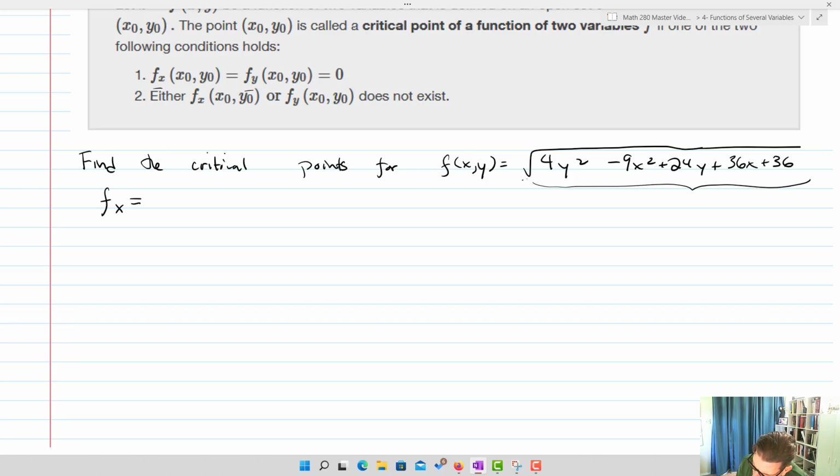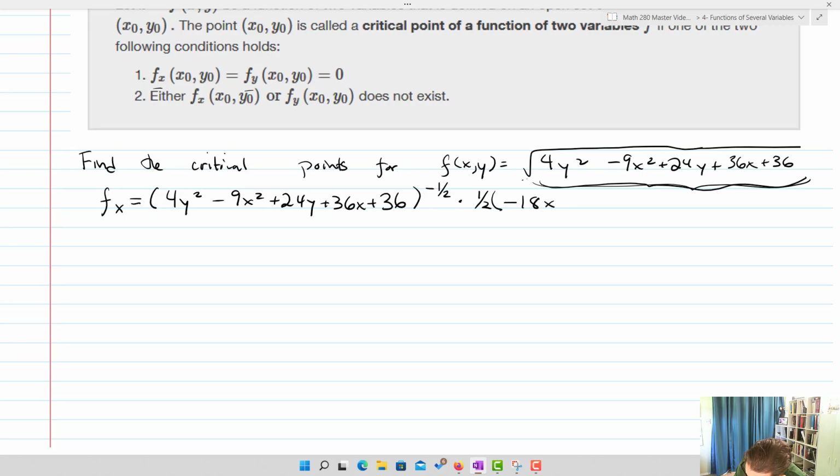So we're going to use the power rule and the chain rule. We've got 4y squared minus 9x squared plus 24y plus 36x plus 36 to the negative 1/2 times 1/2 times the partial with respect to x of the inside. That's going to give me negative 18x plus 36.